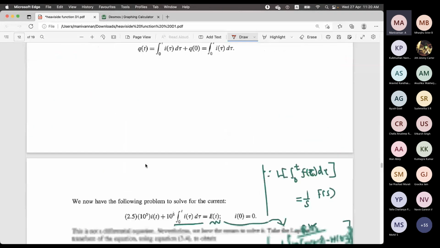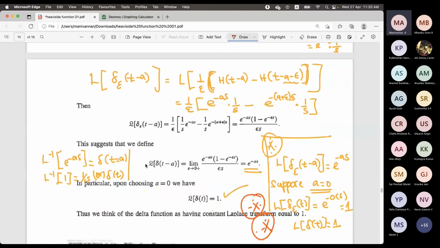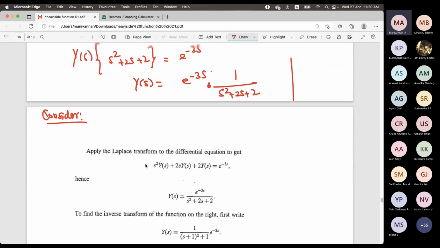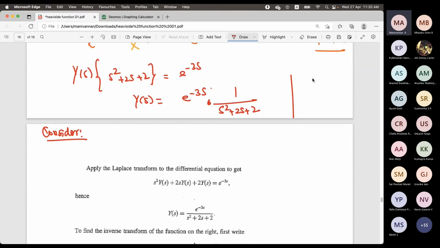What about the L inverse of 1 divided by s square plus 2s plus 2? Do you have any idea? This s square plus 2s plus 2 can be written as s plus 1 whole square plus 1 square, right? So there is no need to apply partial fractions here; we can easily solve it.